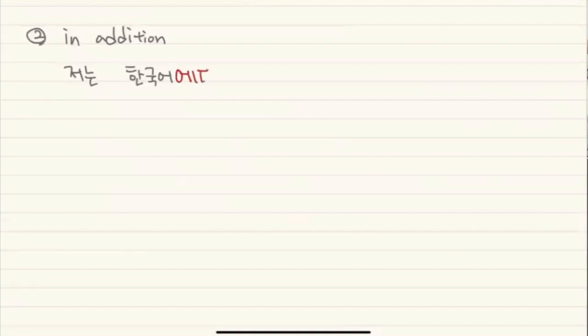And second meaning, this one is the in addition meaning. So additionally, when you want to attach more information, you can add it with 에다가 grammar. For example, 저는 한국어, Korean, 에다가 영어, English, 도 할 줄 알아요.